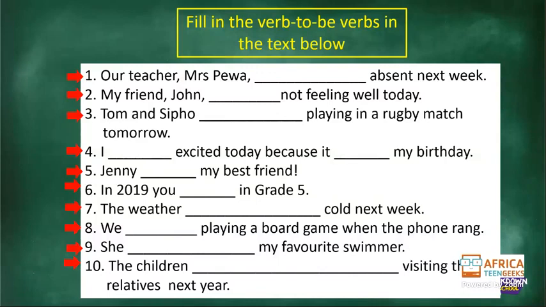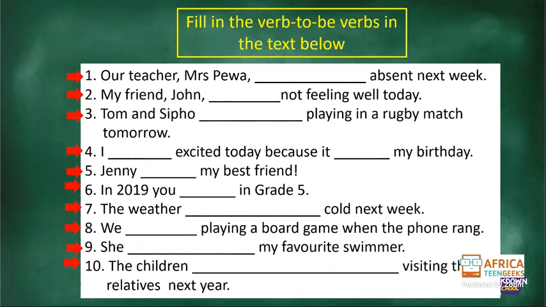Excellent. My friend John is not feeling well today. Excellent. Tom and Sipo were playing in a rugby match today. Tomorrow. So it's not were. Tom and Sipo will be playing in a rugby match tomorrow.